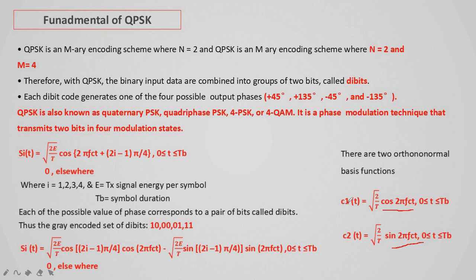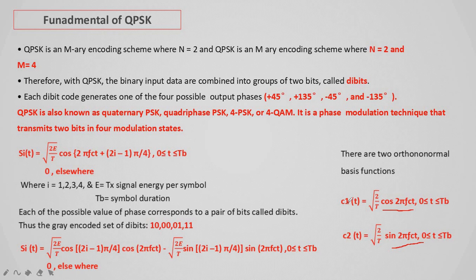Because in QPSK, as you people might know, we demultiplex the input data stream into even bits and odd bits. So the odd bits are provided with a cos term and the even bits are provided with a sin term, or vice versa. Anyone you can choose.